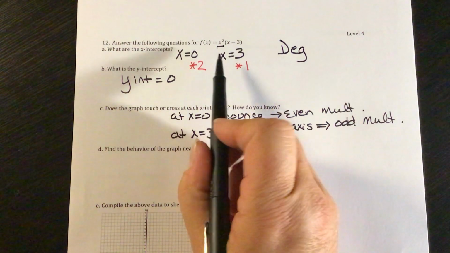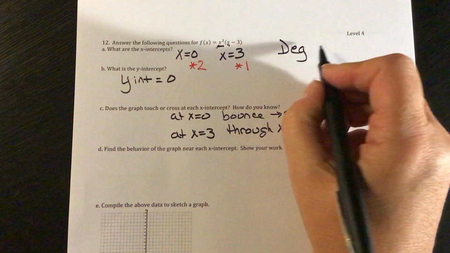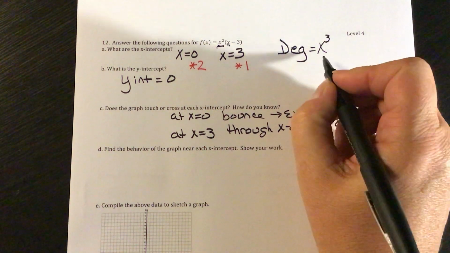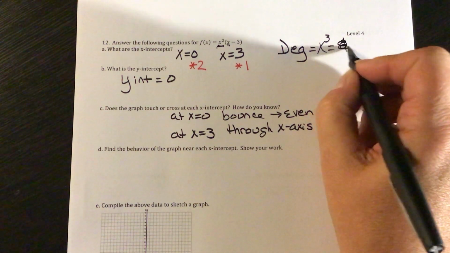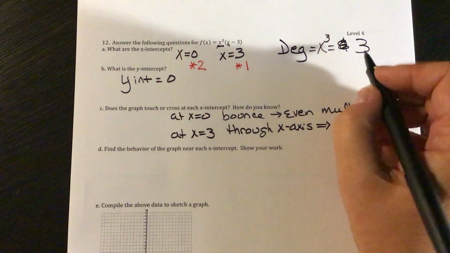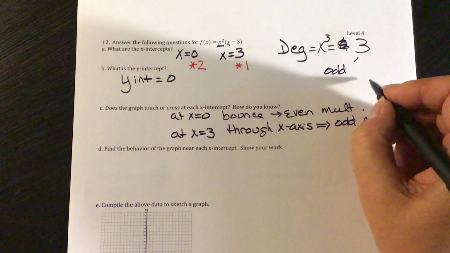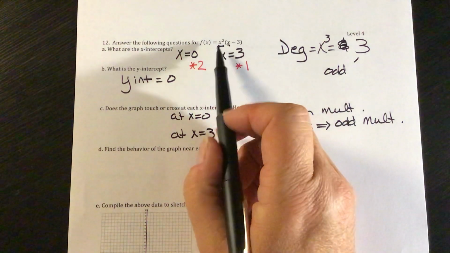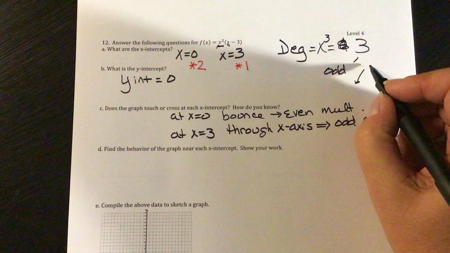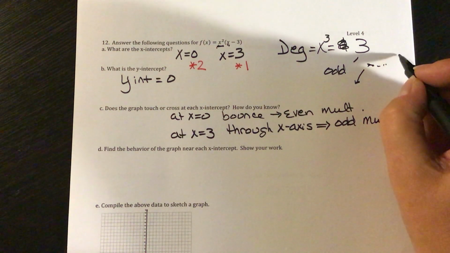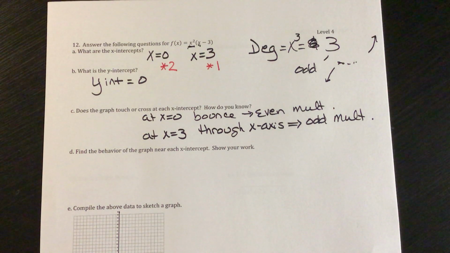So the degree is x squared times x, which is x to the third power. So this is degree 3. And because it's odd, and by the way it is positive, we're going to have a graph that goes down this way, does something in here, and then goes up at the end.